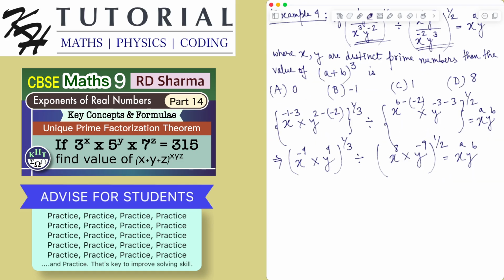Okay, this implies, applying the laws of rational powers, it will be x to the power minus 4 by 3 multiplied by y to the power 4 by 3, and this is divided by x to the power 8 by 2 multiplied by y to the power minus 9 by 2.